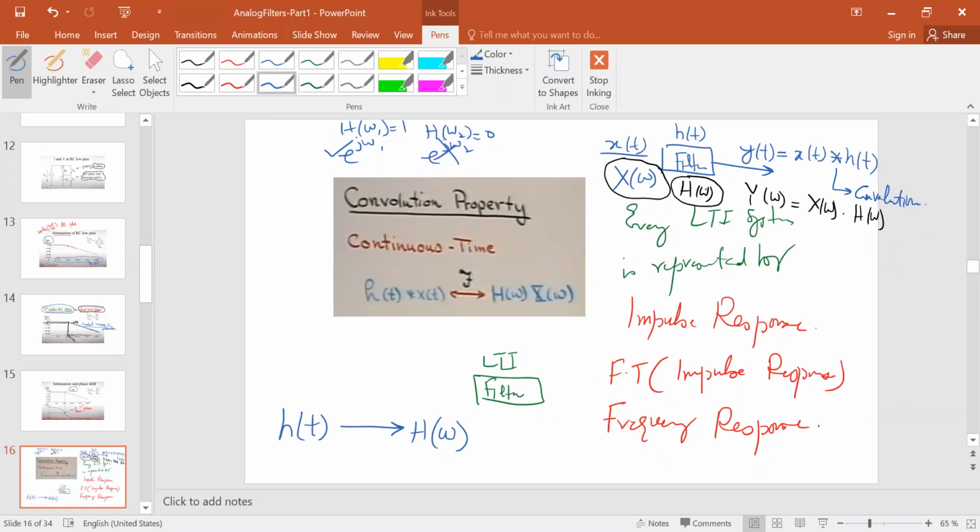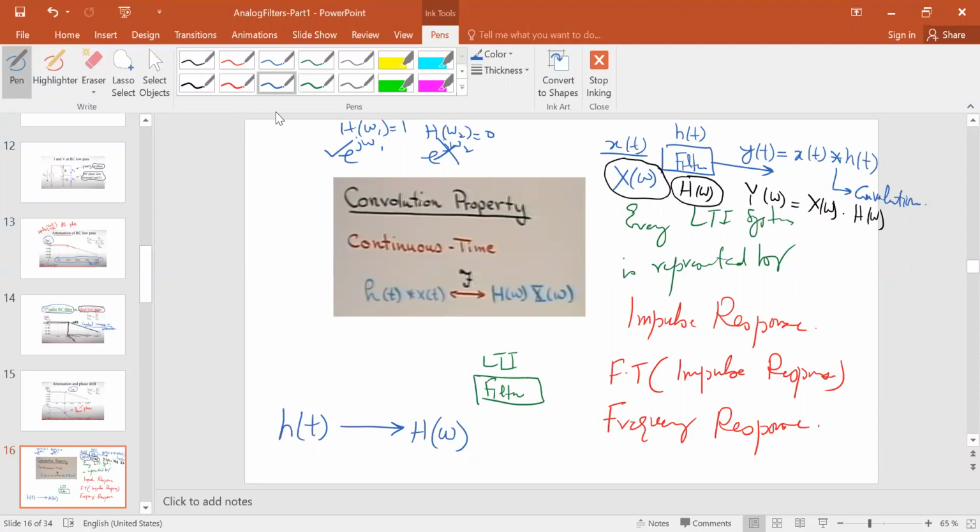When we multiply, the frequency response tells us how it will behave with each independent frequency component. So h of omega will treat each frequency separately based on what type of frequency is coming. Maybe for some frequencies it has a very high amplitude, and for other frequencies it has a low amplitude. That is how the filtering happens. But keep in mind, it is just a multiplication, a frequency-wise multiplication.